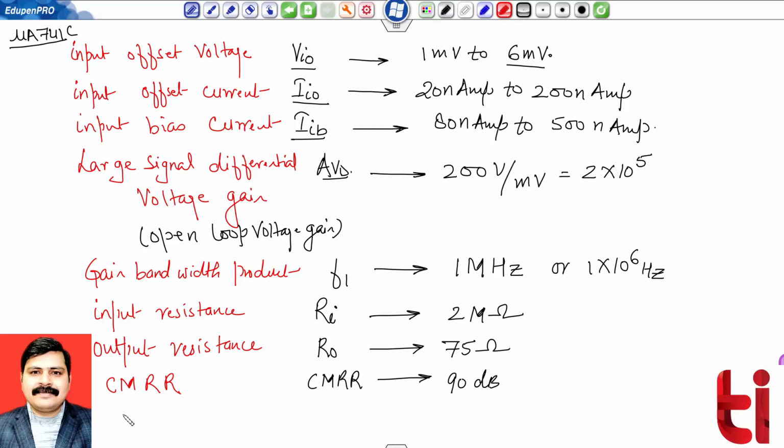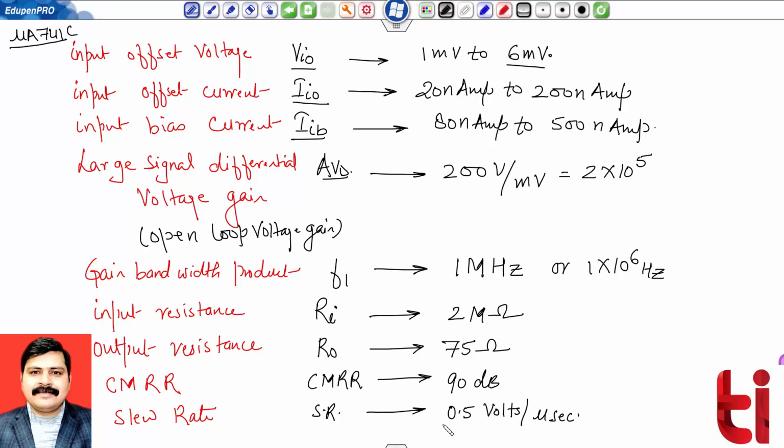And taking one more component, slew rate, which gives us the information of the rate of change of output as a function of input, and its typical value is 0.5 volts per microsecond.